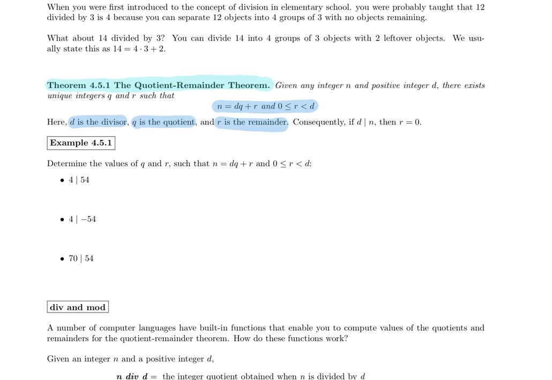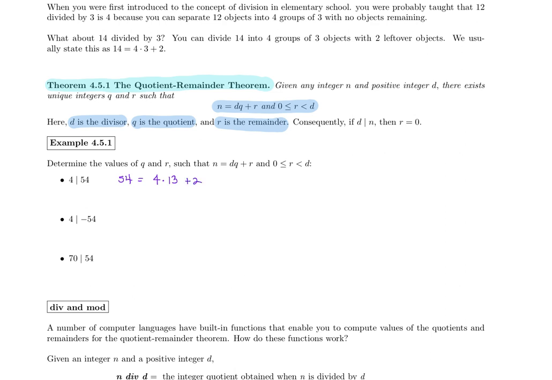So let's think about 54 and how we can break it down into multiples of 4. Well, 12 times 4 is 48, so that's pretty close, and I can get another 4 out of it by getting it up to 52, which would make it 4 times 13. That's not enough, so I need to add another 2.